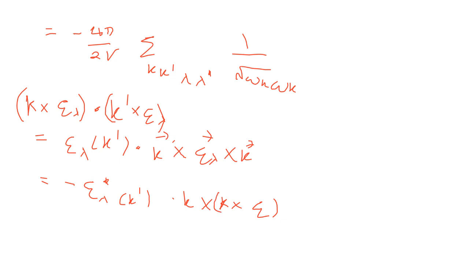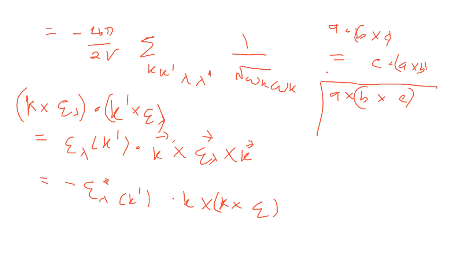Then you make use of the identities: a dot b cross c gives you c dot a cross b, and a cross b cross c you can rewrite as a dot c b minus a dot b c, and all these are vectors.